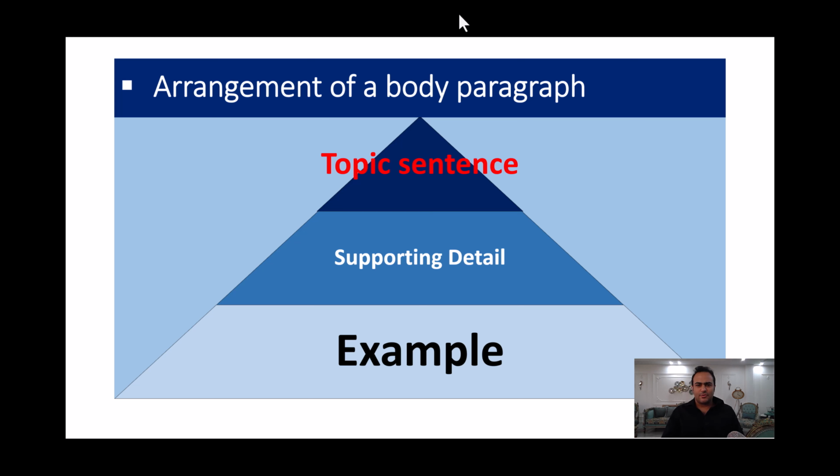After writing this general statement, we need to write a supporting sentence, or supporting sentences. In these sentences, we have to explain what we really mean in the topic sentence of the paragraph. The supporting sentence or supporting sentences can also be elaborated by providing an example.